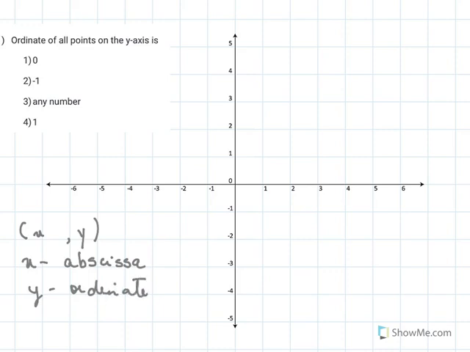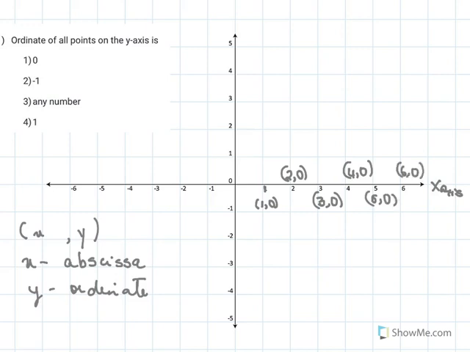Now, for the x-axis, all the points on the x-axis, like for example the point 1, can be written as 1, 0. 2, 0. So this is now the x-axis. 3 will be 3, 0. 4 will be 4, 0. 5, 0. 6, 0.